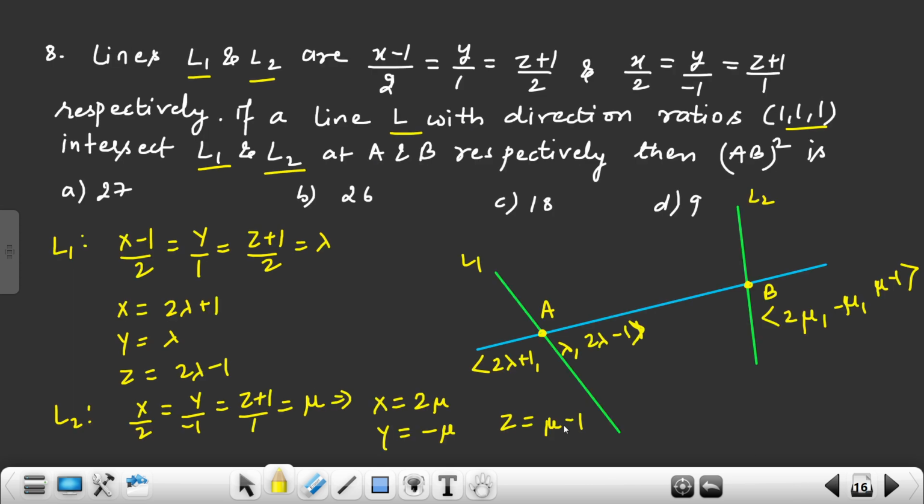I think something we have done wrong. Let's just take a look. X minus 1 by 2 equals y by 1 and z plus 1 by 2. I'm just checking the data. X by 2, y by minus 1, z plus 1 by 1. 1, 1, 1. 2 lambda, 2 lambda minus 1. And this is 2 mu, minus mu, mu minus 1.